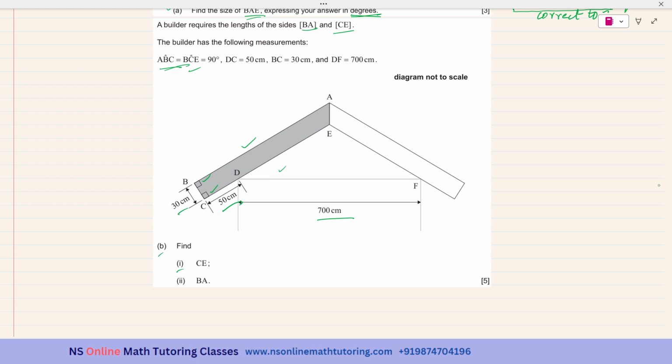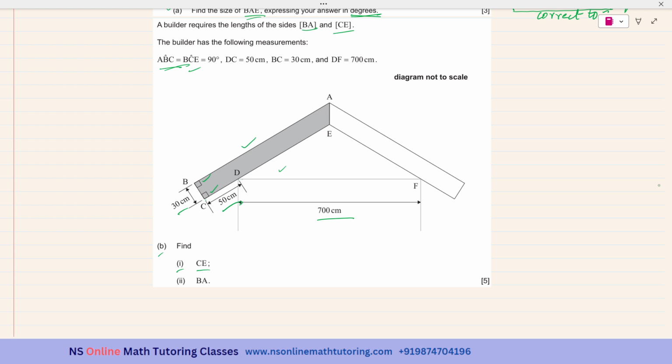The first subpart, i, asks us to get the measurement of the side CE. We know the length of CD, so we need the length of DE. CD plus DE will be equal to CE.